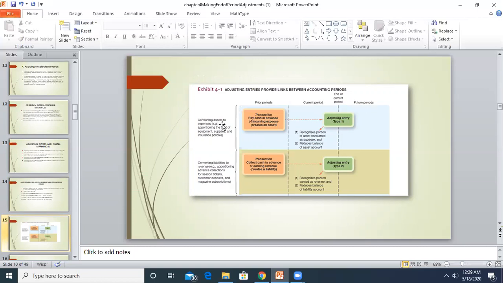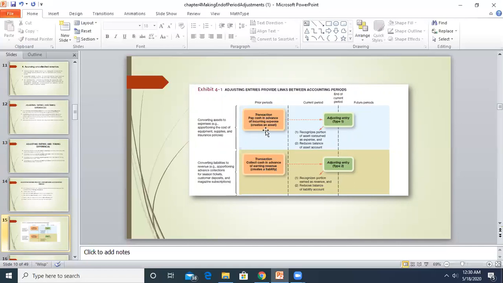So, converting assets to expenses, for example, apportioning the cost of equipment, supplies, and insurance policy. Here, the transaction pays cash in advance of incurring the expense, which creates an asset, then it is carried forward to the current period. Here we are doing type 1 adjusting entry, and the transaction collects in advance of earning revenue. So above was about the expense, now here it is about the revenue.